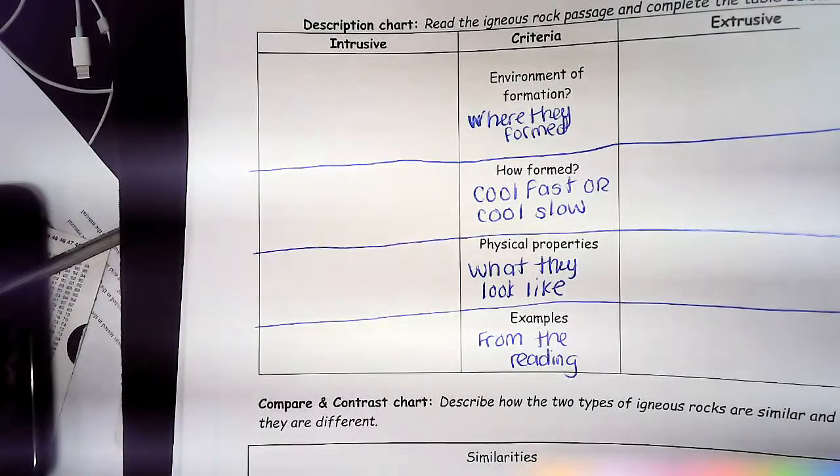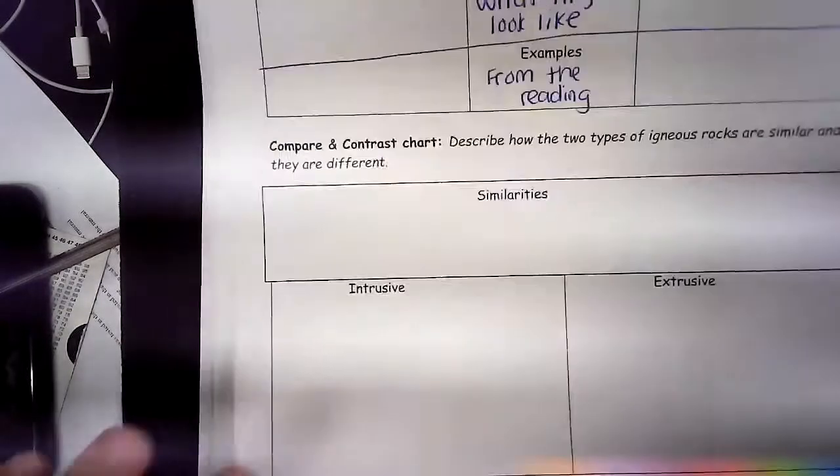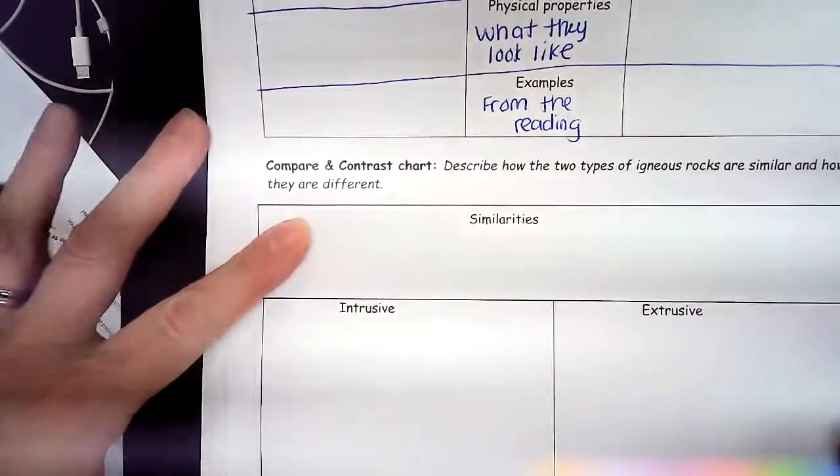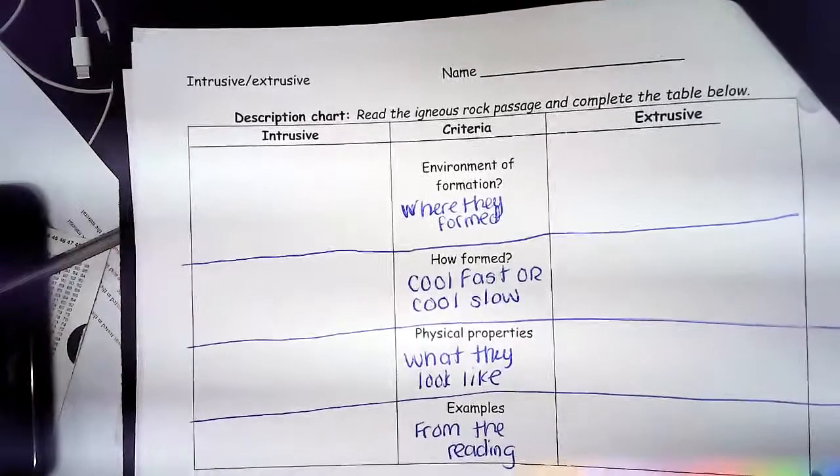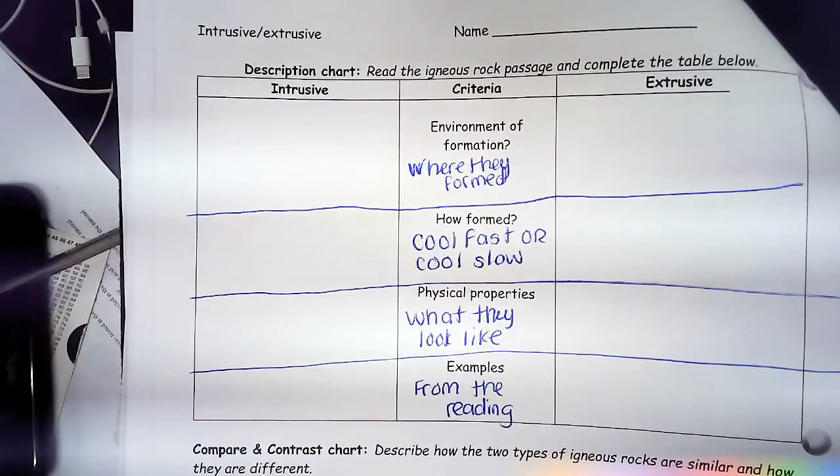Is that page 14 then? Okay. And that will be homework if you don't finish. So again, reading on page 12 and then the chart on the top of page 14. You do not need to do the bottom half right now. We'll do that together tomorrow. So just the top chart, and those are what you're going to be looking for there.